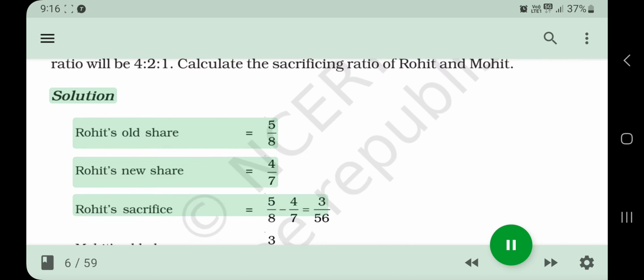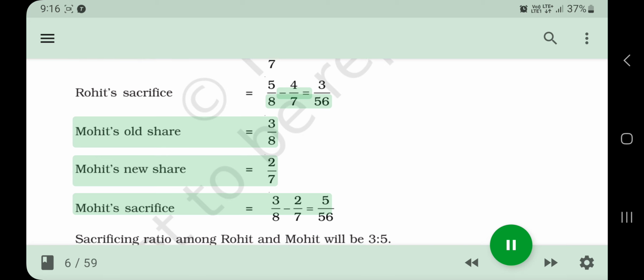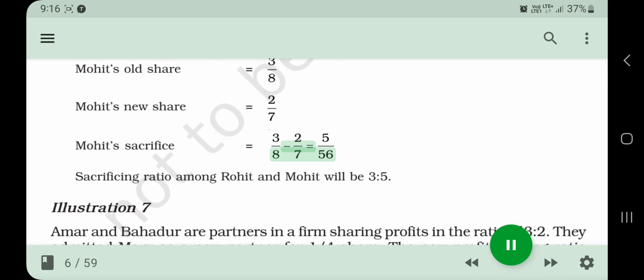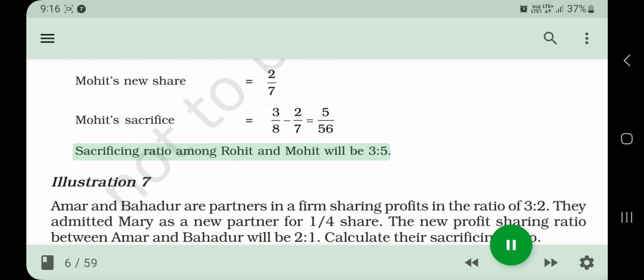Solution: Rohit's old share = 5/8, Rohit's new share = 4/7, Rohit's sacrifice = 5/8 - 4/7 = 3/56. Mohit's old share = 3/8, Mohit's new share = 2/7, Mohit's sacrifice = 3/8 - 2/7 = 5/56. Sacrificing ratio among Rohit and Mohit will be 3:5.